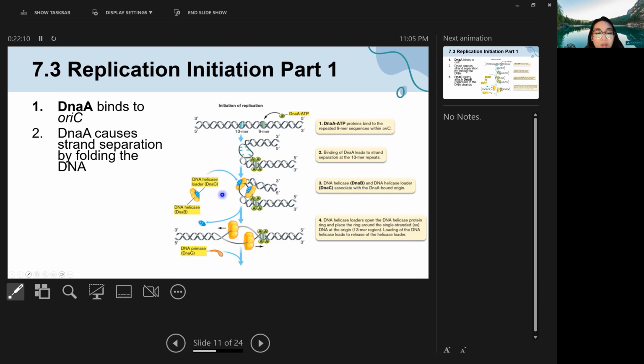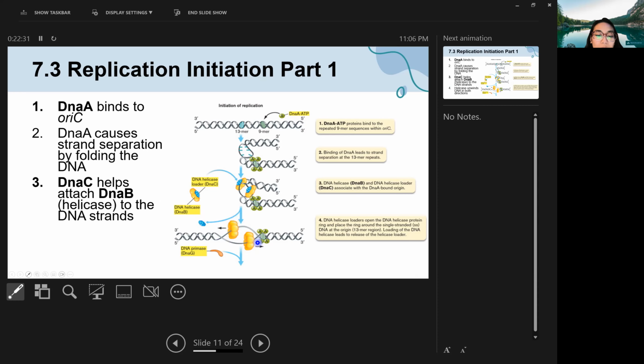All it does is help load the helicase onto the DNA. So DnaC is our loader, and it loads DnaB, which is our helicase, onto the DNA strand. The loader protein will just leave. The blue guy is the loader, and the loader just leaves.